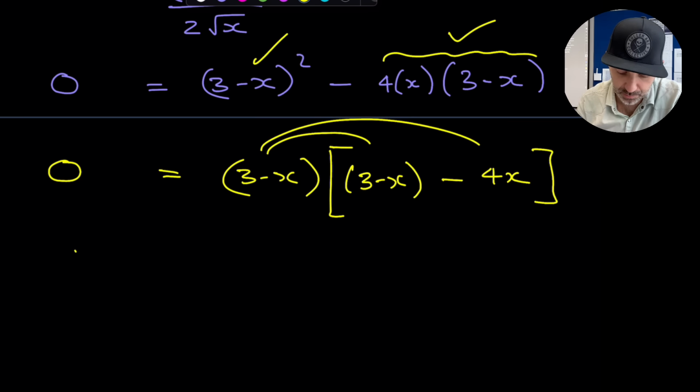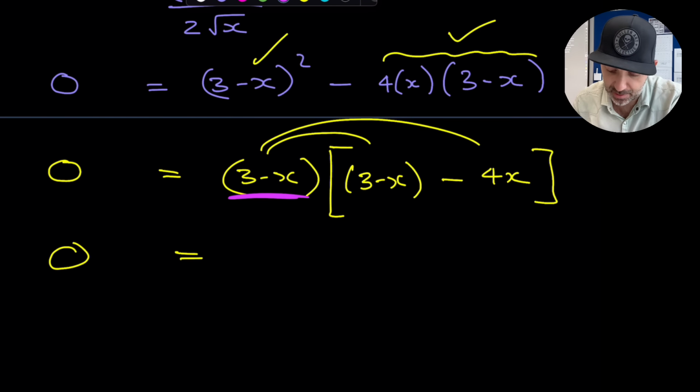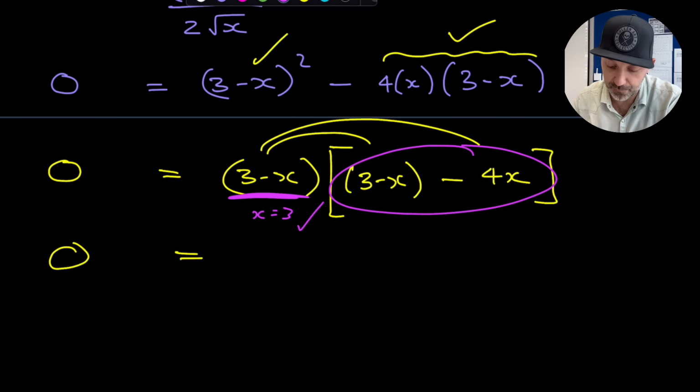So now what we want to do is solve for x. So I can see that in this bracket outside, if x was equal to 3, then this expression will be 0, this bracket will be 0, so the whole thing will be 0. So that's good, that's one of my results. And now I just need to solve for x on this here. So I want this thing to be equal to 0.